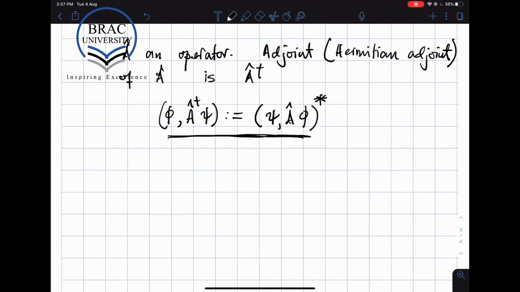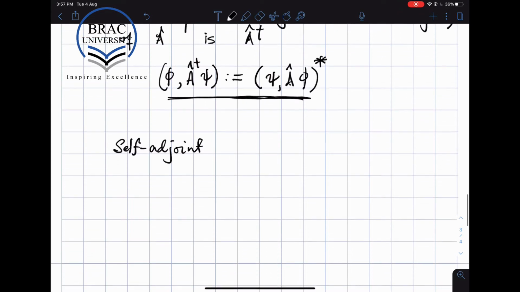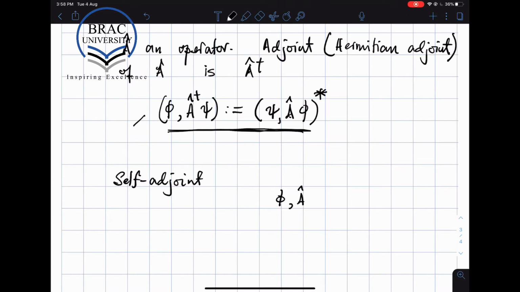So in quantum mechanics, a certain class of operators play a central role. These are operators which are self-adjoint. So these are operators which satisfy the following condition. By the way, when we are defining the adjoint, this relationship means that the wave functions psi and phi are arbitrary. So this is for all wave functions.